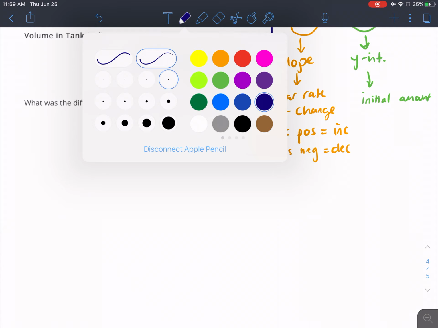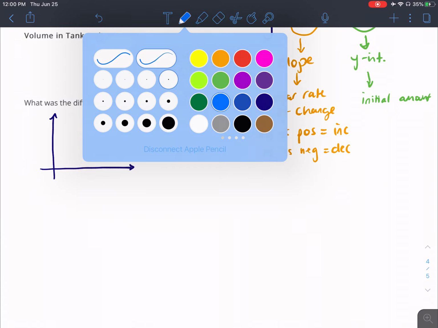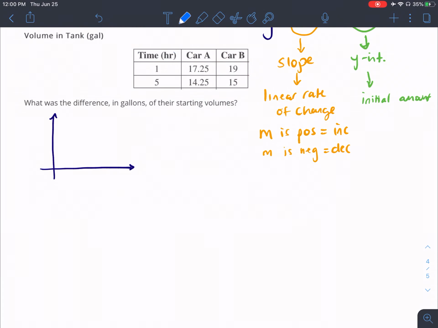But I found that when I show students who are a little bit more visual, sometimes a pretend graph can help you figure out what's x and what's y by asking yourself, am I looking at the amount of gallons and then that's going to give me the hours, or is the table telling me that at a particular hour I have a certain amount of gallons?